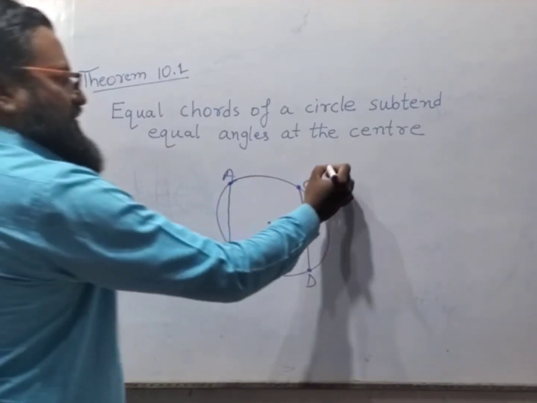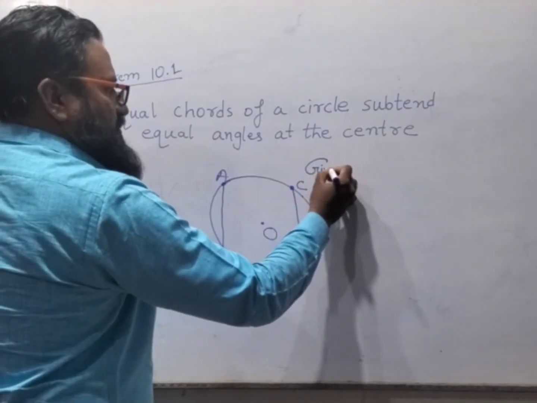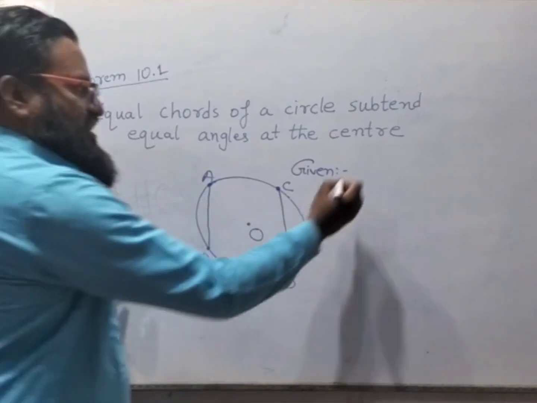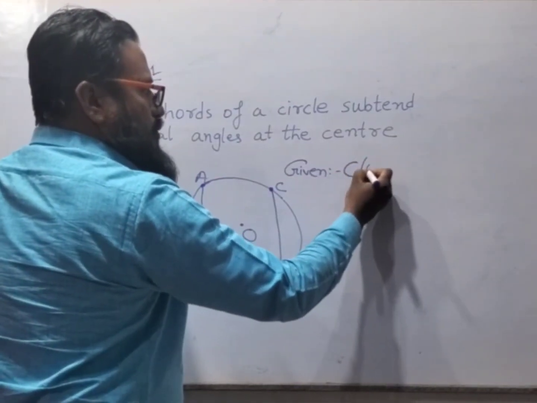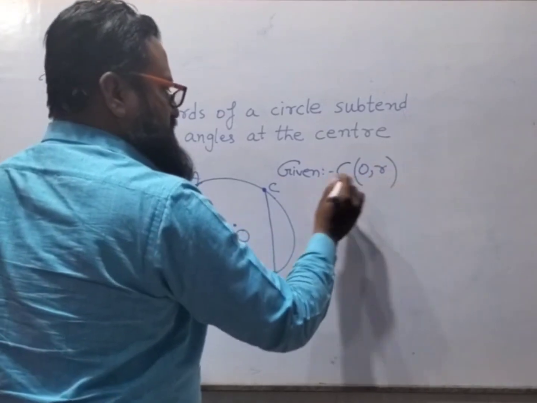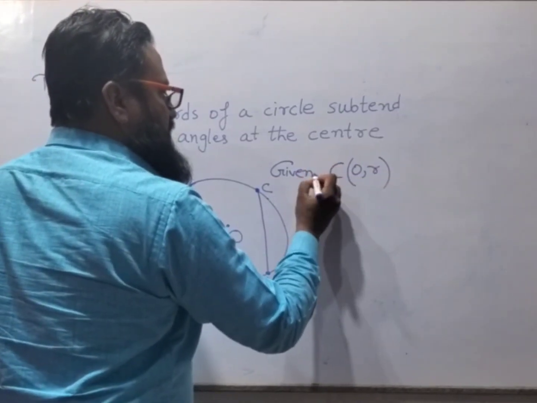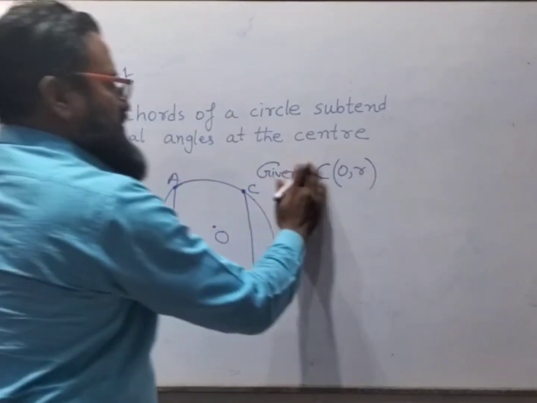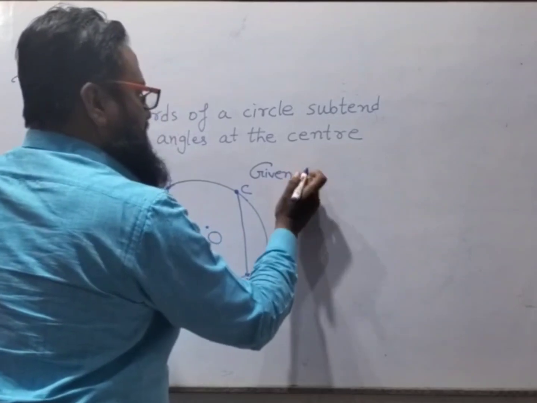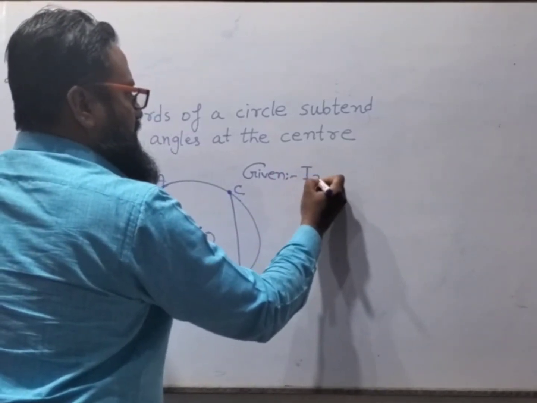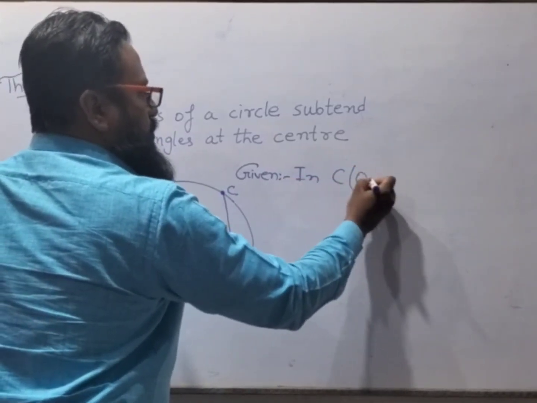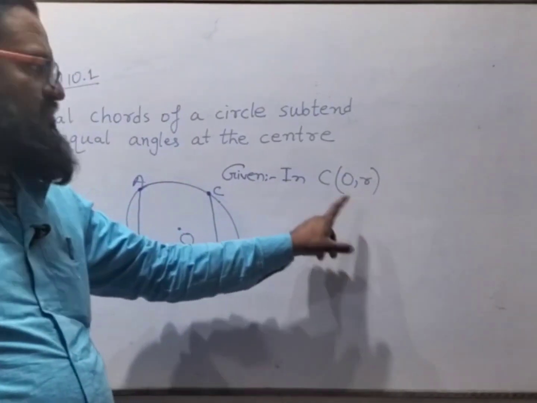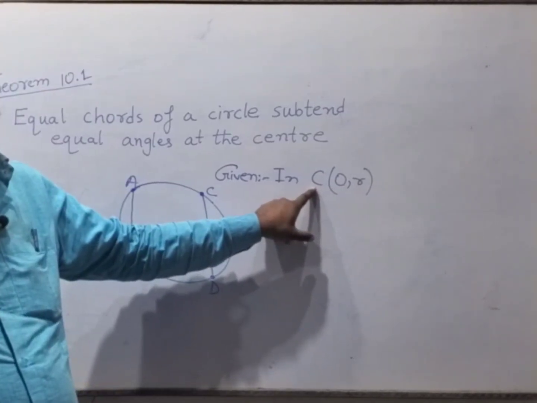Now we shall write what is given. In C(O, R), this C is related to circle.